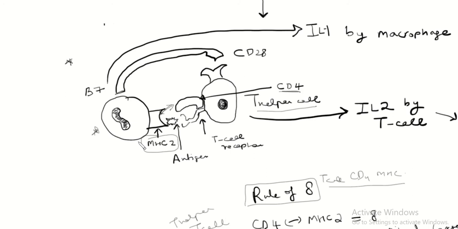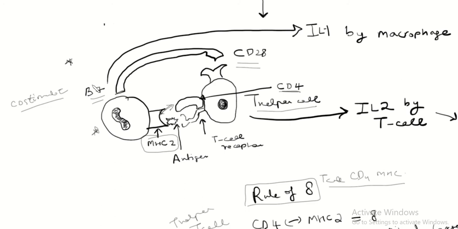So it has an extra fail-safe mechanism in place, which is called a co-stimulation. Okay? It's called a co-stimulation. Here, the B7 receptor on the antigen presenting cell attaches to the CD28 receptor.